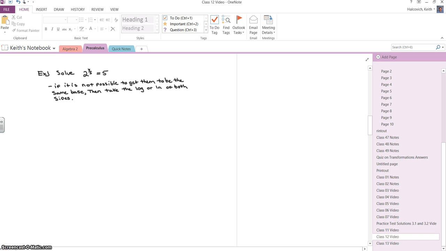Now, if it is not possible to get them to be the same base, then take the log or ln of both sides and we'll be able to basically change them to the same base. So, for example, here, I can't get 5 to be 2 to a power, so I'll take the log of both sides.